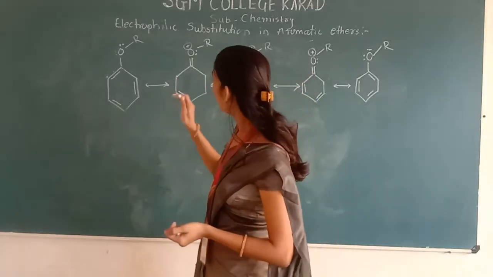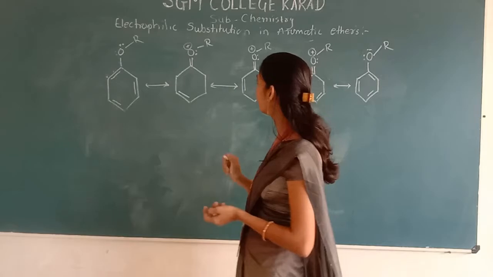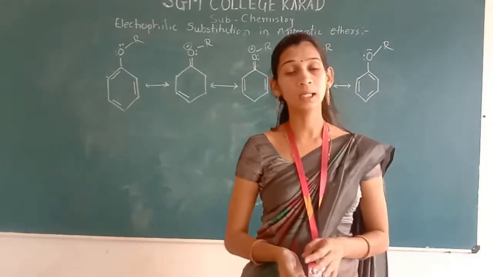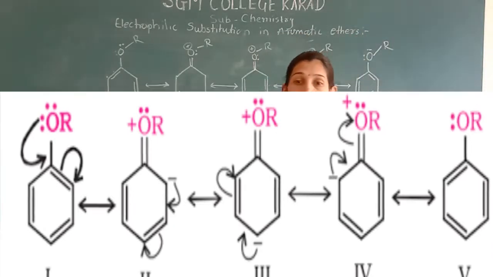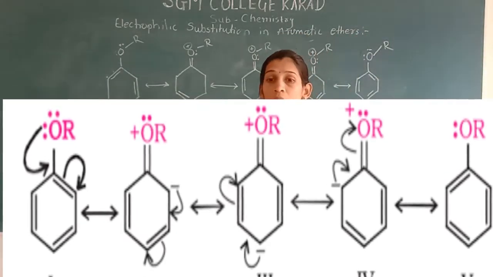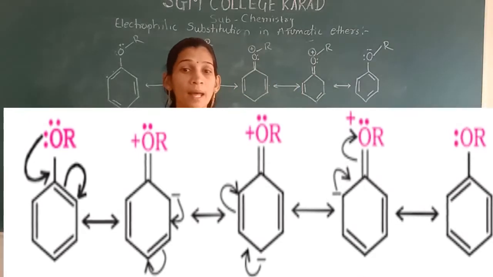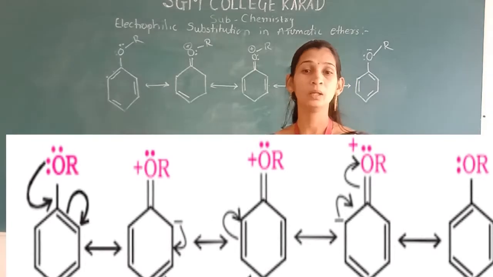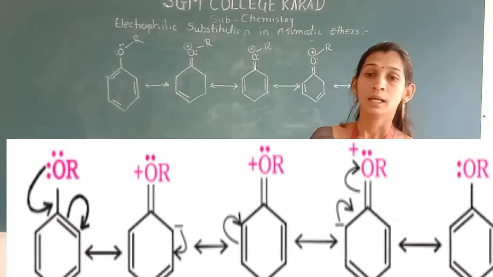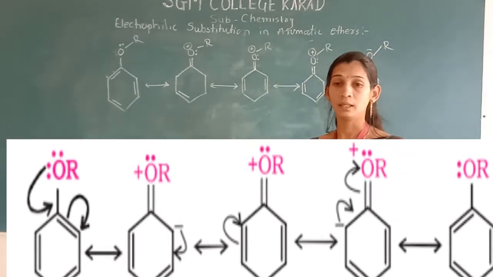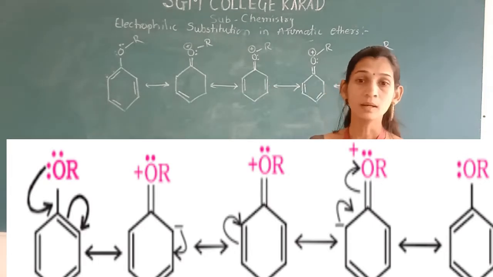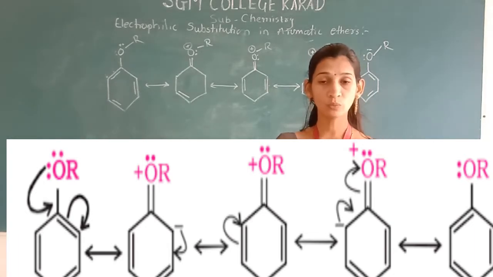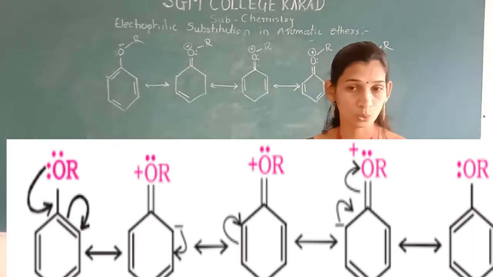Here the electrophilic substitution will happen in the aromatic ethers. The alkyl group in the aromatic ether is ring activating, and ortho and para directing towards electrophilic aromatic substitution.